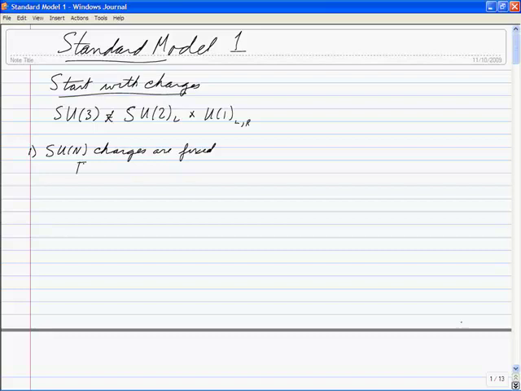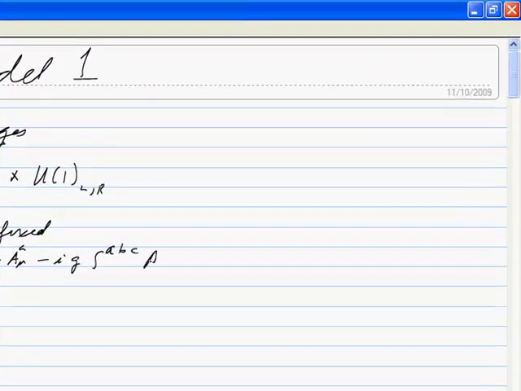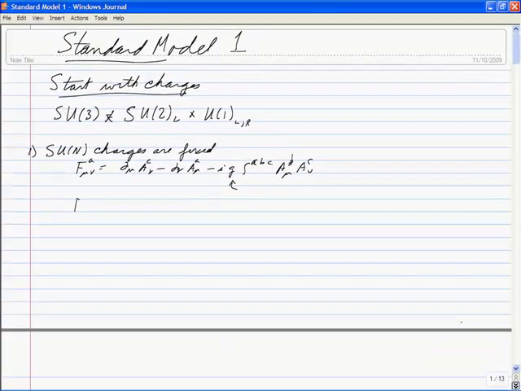If you have F mu nu with d mu A nu minus d nu A mu minus i g f^{abc} A^b A^c, this g defines the theory, and then all the covariant derivatives on the fundamentals is d mu plus i g lambda^a over 2 A^a mu acting on psi.